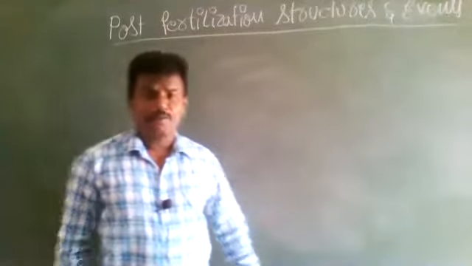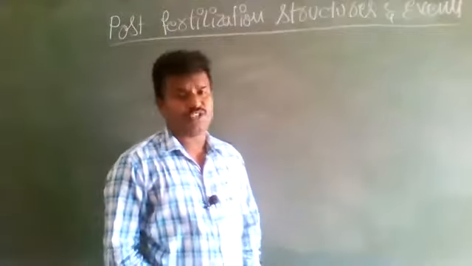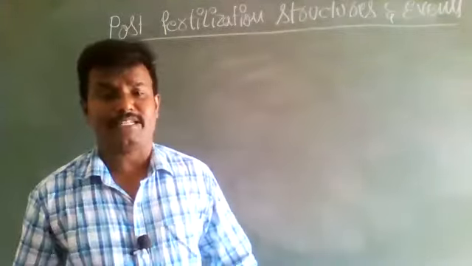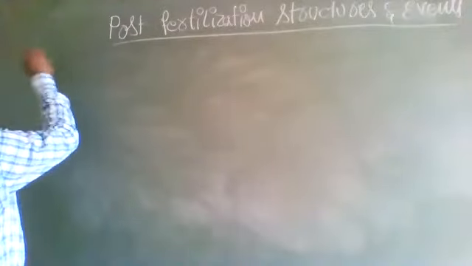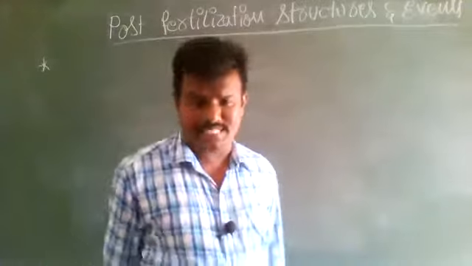Next topic, post-fertilization structures and events. After fertilization, what changes take place in flowering plants? That is what we will see in this session. After double fertilization, the flower undergoes various changes.